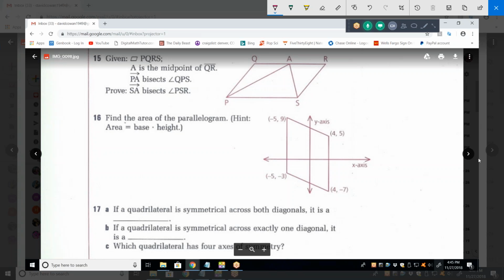Okay. If a quadrilateral is symmetrical across exactly one diagonal, it is what? A kite. Yeah. Got ahead of myself there. Which quadrilateral has 4 axes of symmetry? The only one that has 4 would be square.